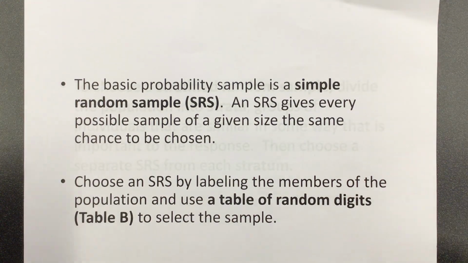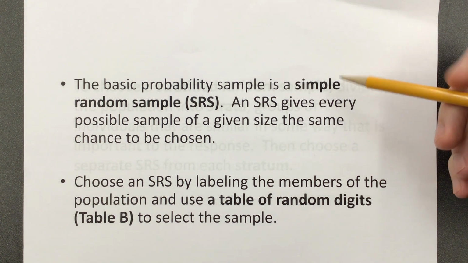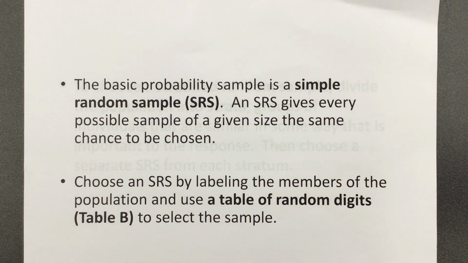All right. So the simple random sample, this is kind of the go-to, most straightforward way of creating a probability design. A simple random sample simply gives every single possible sample of whatever size you're interested in the same chance to be chosen. The easy way to do it is you give every member of the population a single unique number, and then you randomly select numbers.